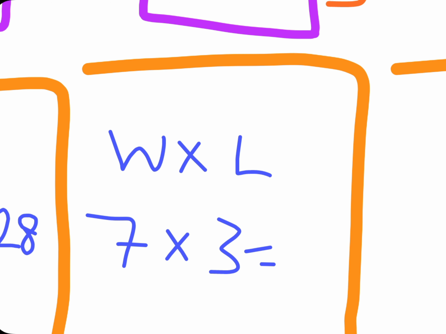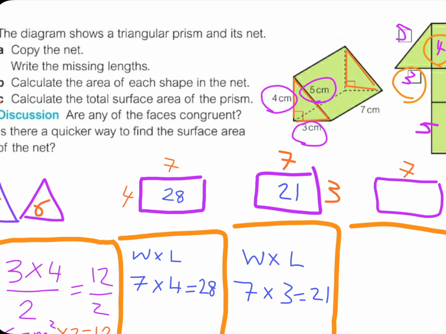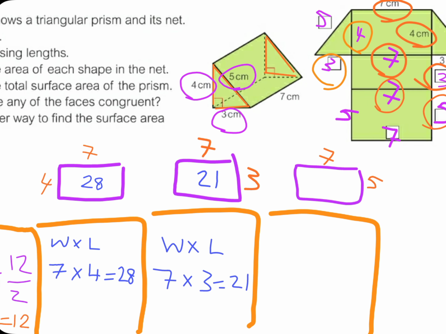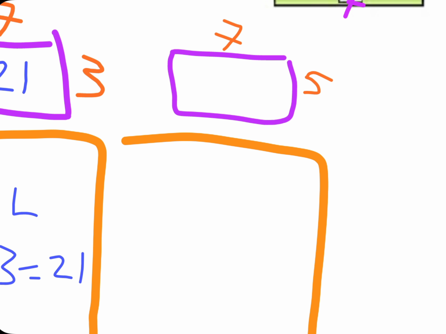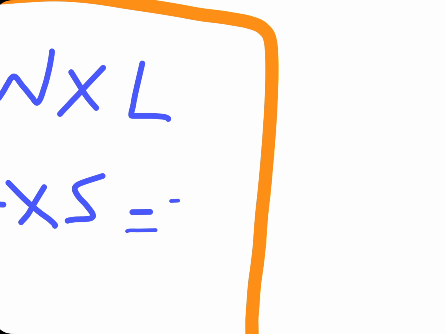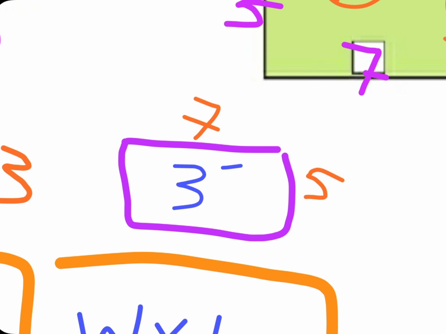Same idea, it's width times length. So it's 7 times 3. So it's 21. Good job. So we got the answer for the triangles, and we still have one rectangle. Same idea, width times length equals 7 times 5 equals 35. Good job. So the last rectangle is 35.